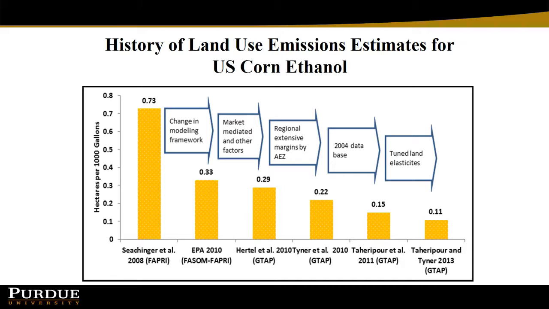If you just look at the Searchinger assumption, they basically assume that for any gallon of ethanol you produce, you need new land. There is no flexibility in the whole crop system, nothing, zero.